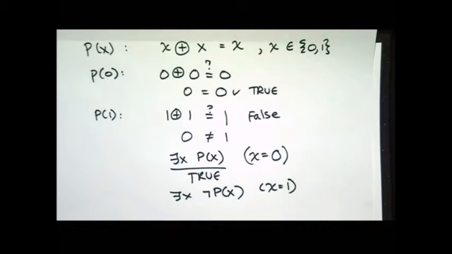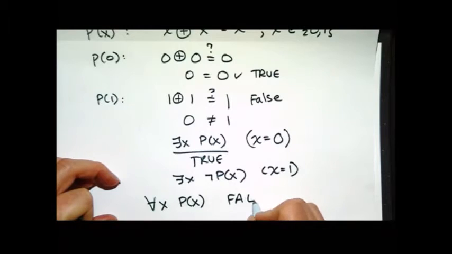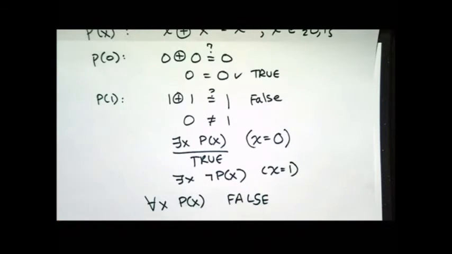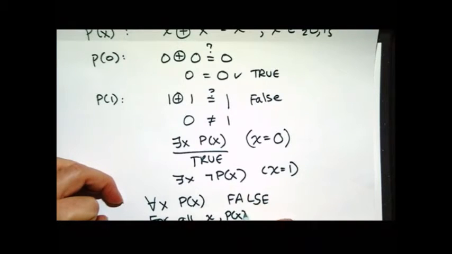So I have a question for you. With this particular P, is P of x always true, no matter what x is? No, clearly not, because we just found one that's false, right? So we have another quantifier that is called for all, and it's written like an upside down A. And this statement says, for all x, P of x is true.